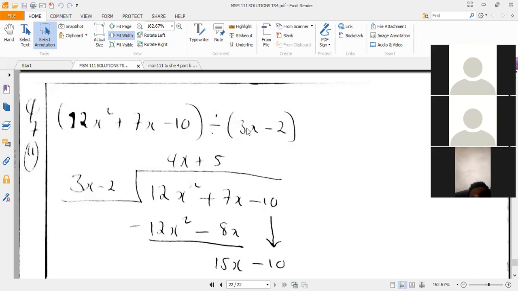When you have the coefficient of 3 here, don't use synthetic division, please. It won't always work. It will give you challenges. So when the coefficient is 3, use long division, like the one I'm showing you right now.